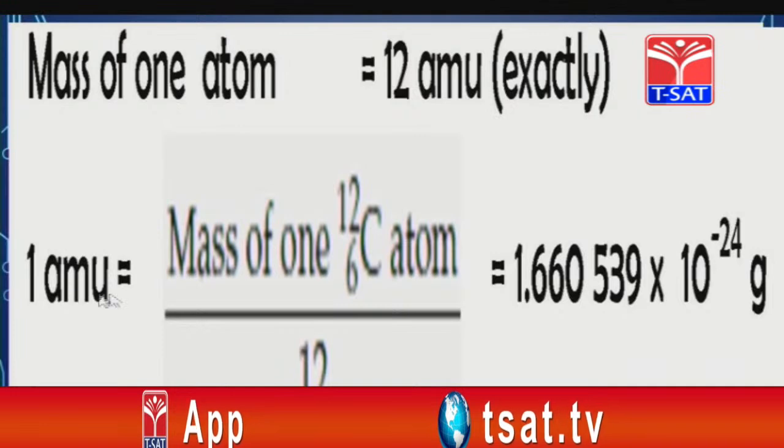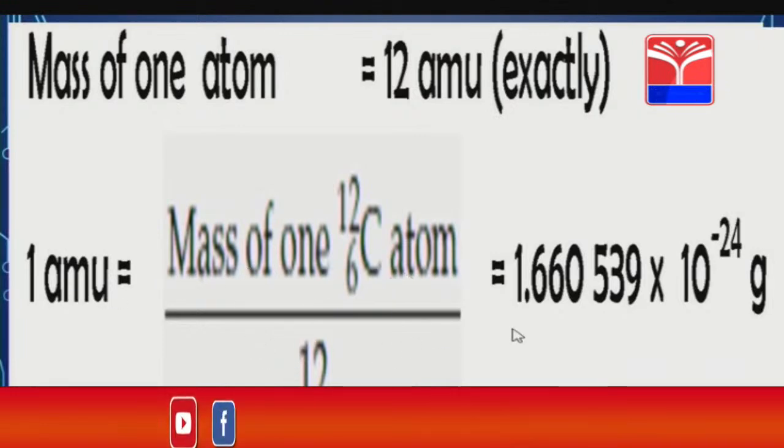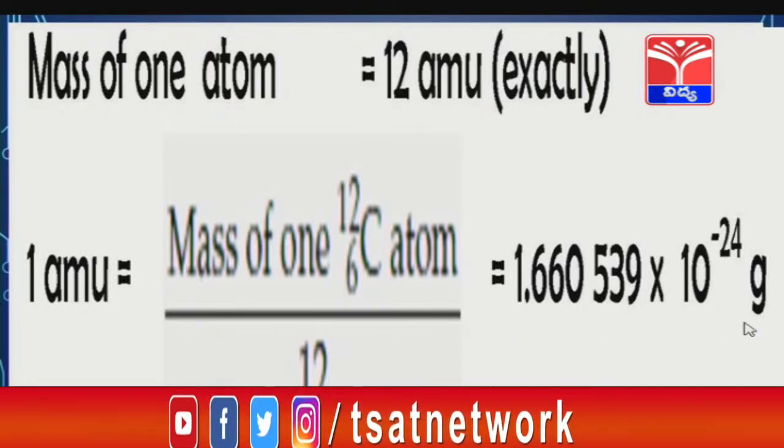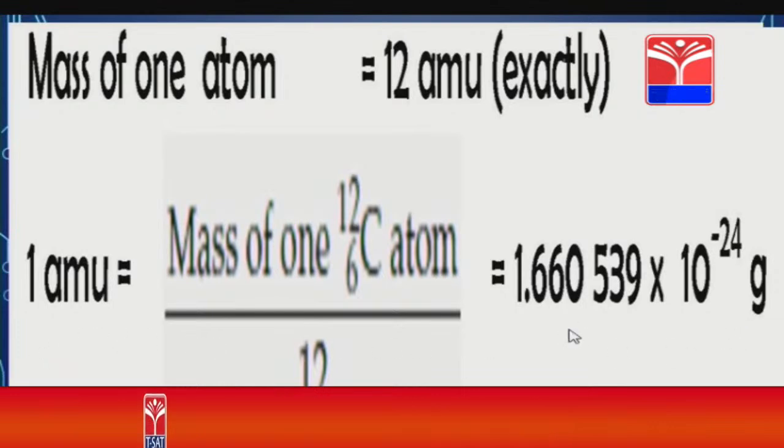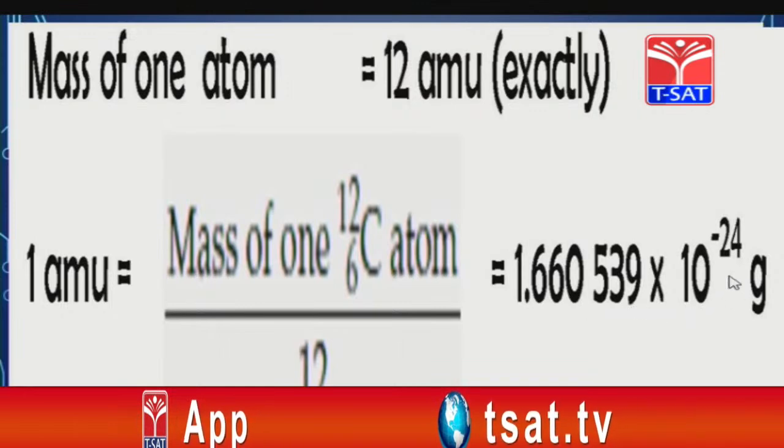So, what is 1 AMU, children? It is the mass of one carbon atom divided by 12 parts, and that is equal to 1.66 into 10 to the power minus 24 grams. So, one atomic mass unit is equal to 1.660539 into 10 to the power minus 24 grams.